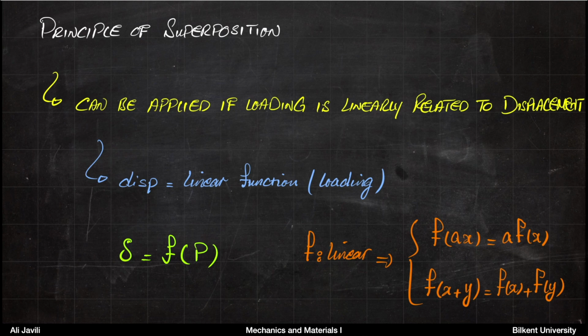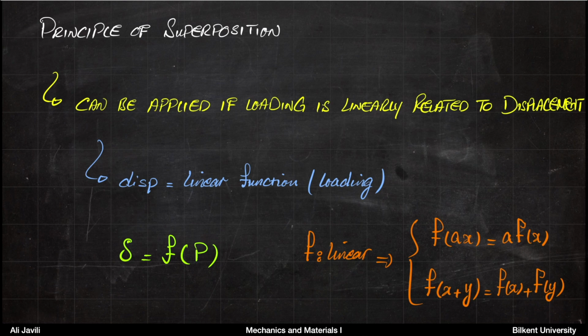And this is, mathematically speaking, quite familiar, because if you assume that delta is a function f of P, and assuming that the function f is linear, if you remember the definition of a linear function, it was exactly that f of ax would be a times f of x, and f of x plus y is f of x plus f of y.